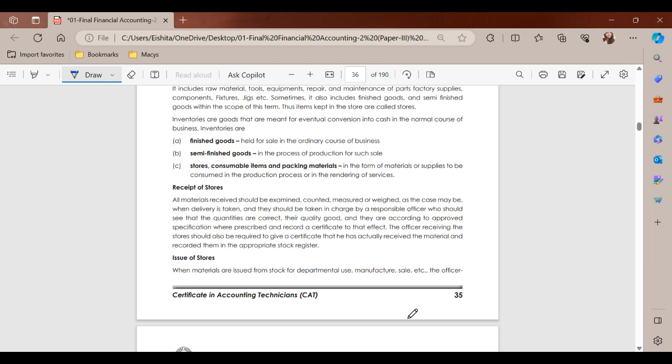No question. So we will understand the inventory.